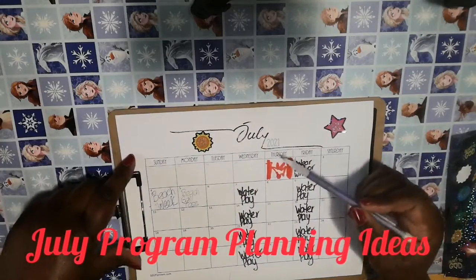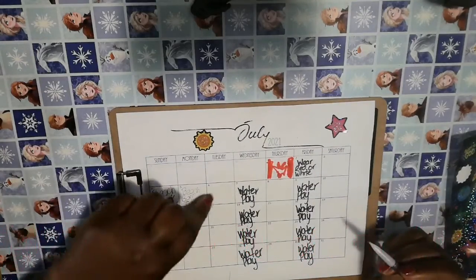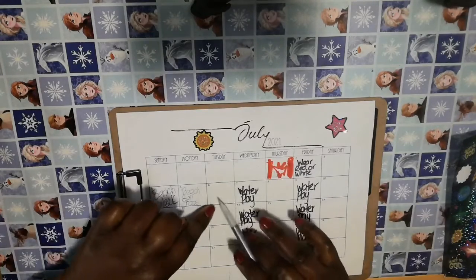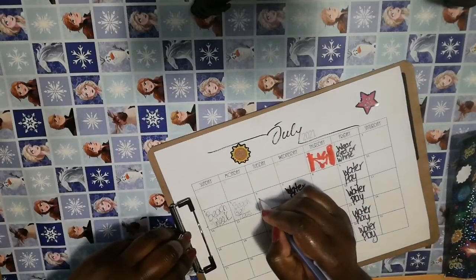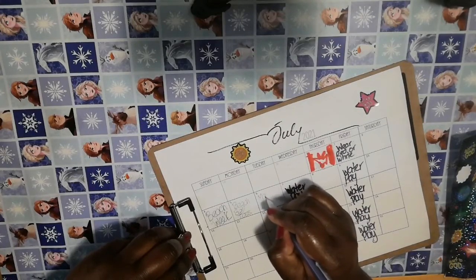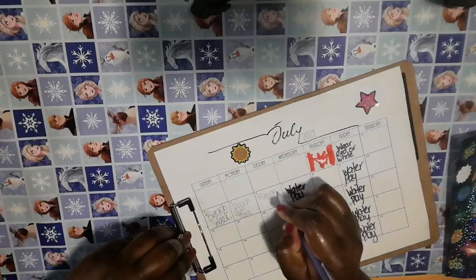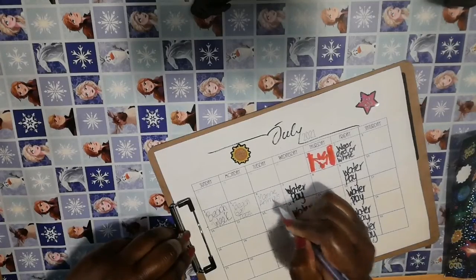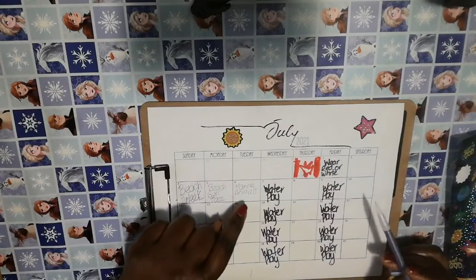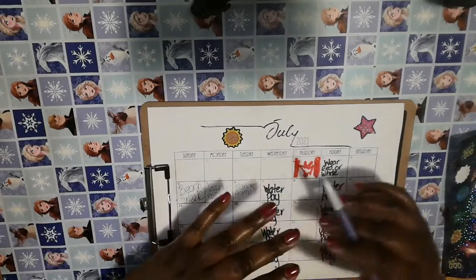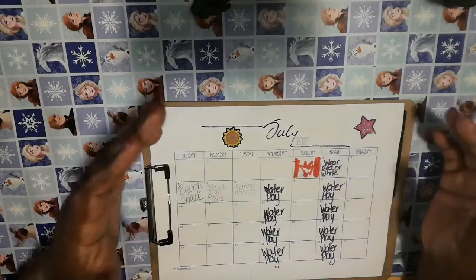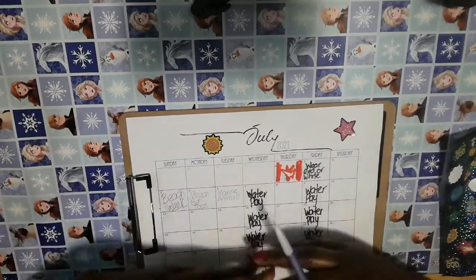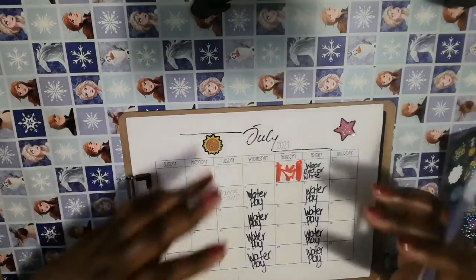Okay, so now on the Tuesday, let's do Marine Animals Day. On that day, my friends, we're going to put out a nice display on sharks and stuff that we find in the ocean, marine life and stuff like that.